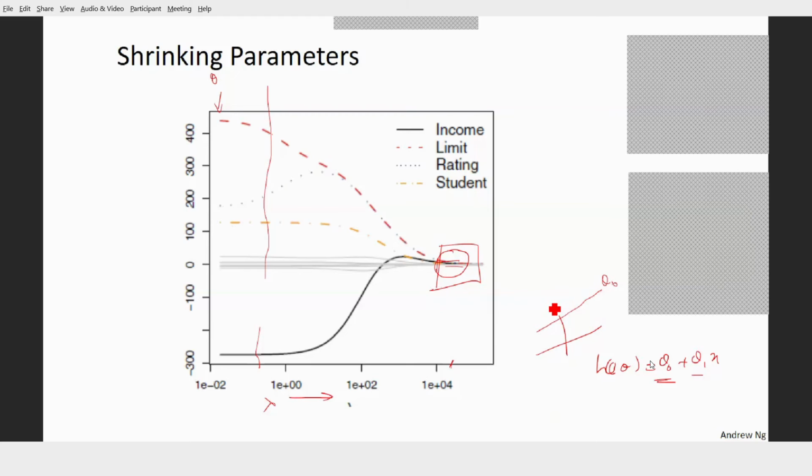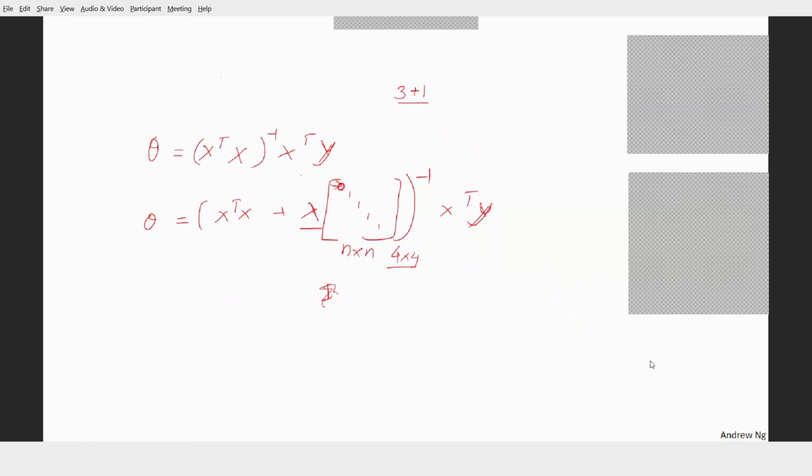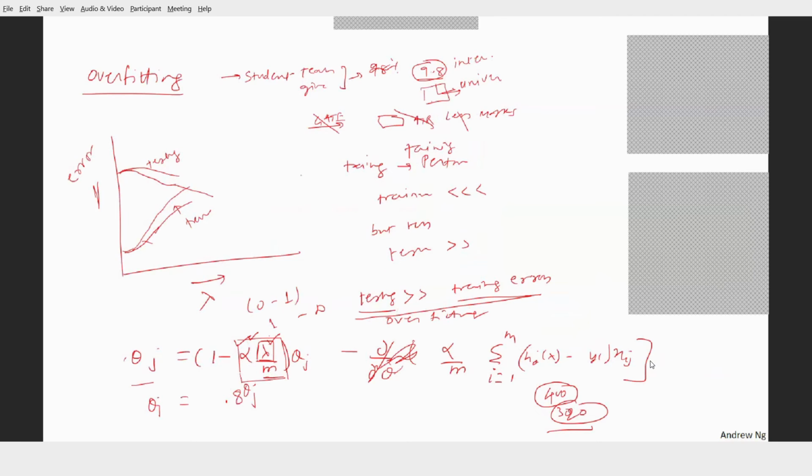The output remains absolutely the same no matter what input you give, because all your parameters are zero. So basically it is as good as a zero learning model. I hope I am able to convey the concept of regularization.